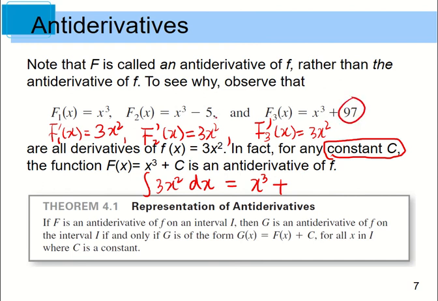We don't know whether it's 97, or -5, or 0, or some other number. Therefore, we put a C to indicate that there is a constant behind, but we do not know what the number is. So whenever we integrate a function, we add plus C at the back to show that there is a constant, a number we do not know at the time of integration.